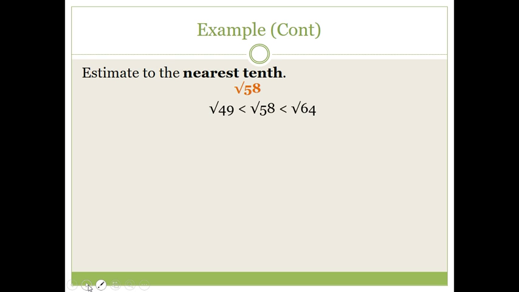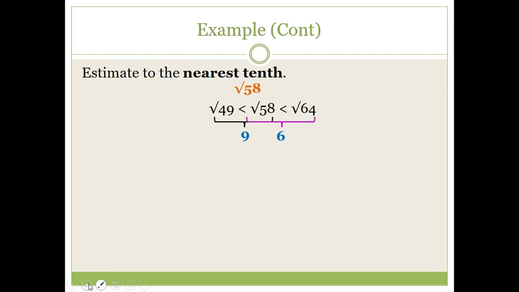So let's see if we can get this value then to the nearest tenth, one decimal place. Here I'm listing that the square root of 58 is between the square root of 49 and the square root of 64, which we know is 7 and 8. I'm going to look at the difference between 49 and 58, and they're 9 apart.